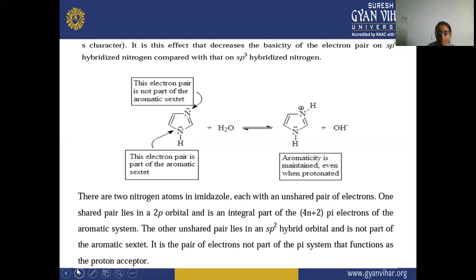So in this, it has 33% s character, and the other has 25% s character, and this effect decreases the basicity.